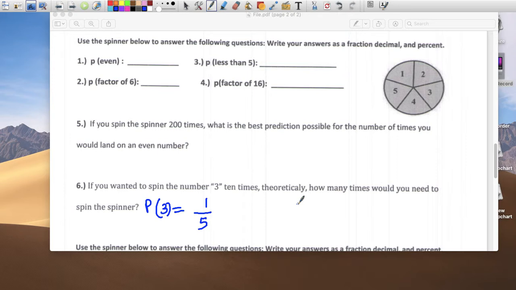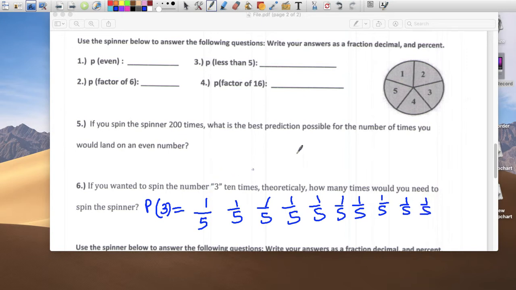Every group of 5, if you spun 5, you land one time on 3. If you spun another 5, one of them would be on 3. If you think about it this way, 1, 2, 3, 4, 5, 6, 7, 8, 9, 10.